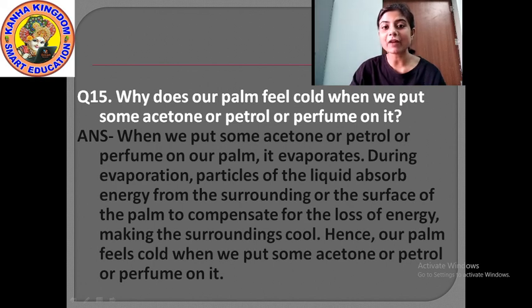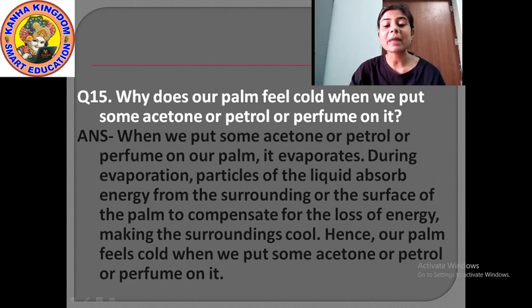And when the liquid gets evaporated, it absorbs the energy from the surrounding to compensate the loss of energy. When a liquid is evaporated, it loses its energy. That is why it absorbed the energy from the surrounding, that means from the surrounding of our skin.